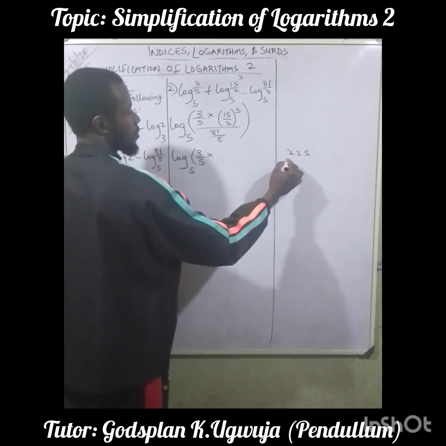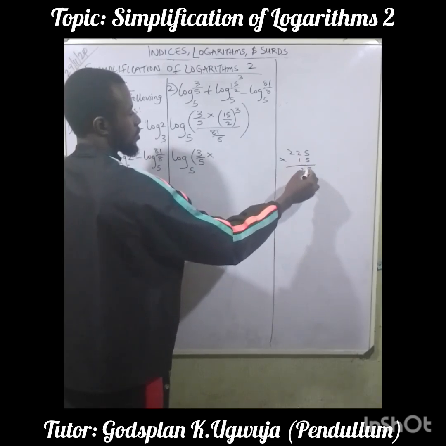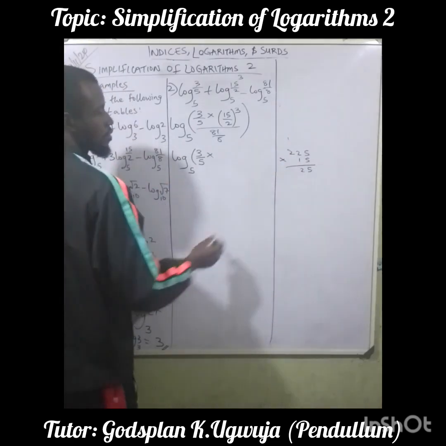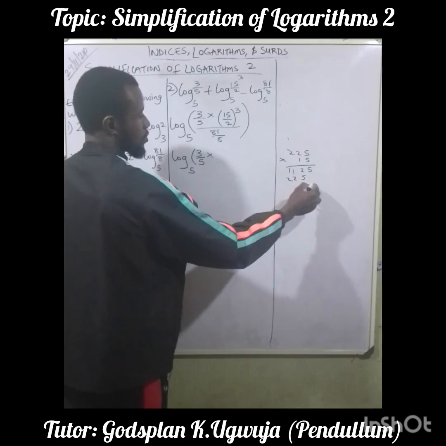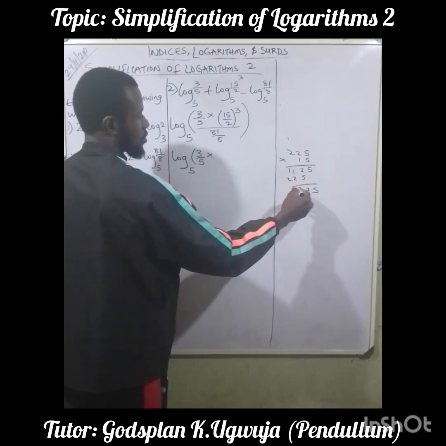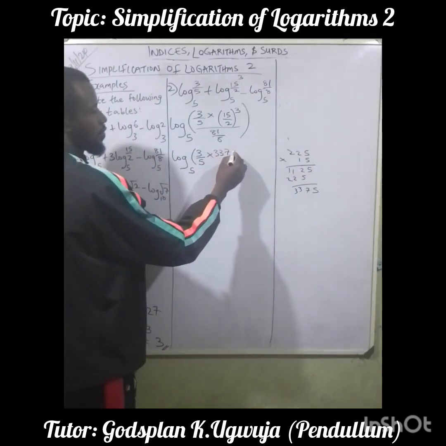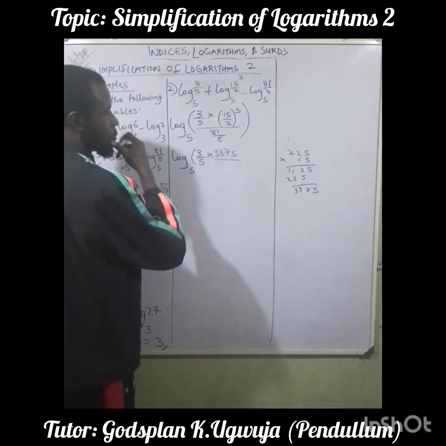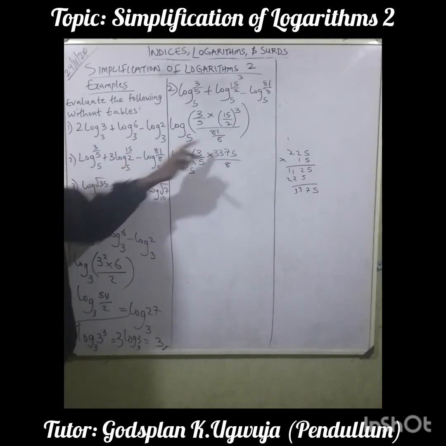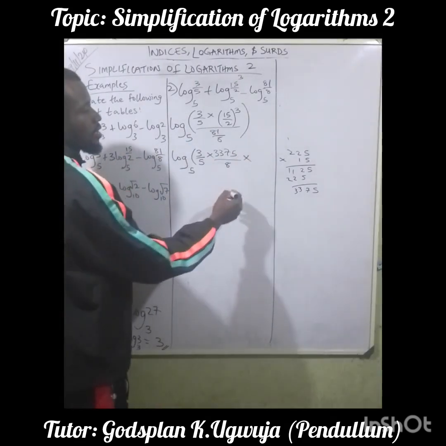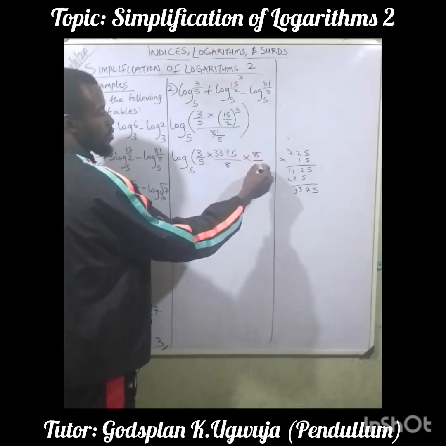So 225 times 15 will give you 3375. 2 cube is 8. Then this division, because there's a fraction under it, we can change it to times, and then we'll invert this one. So that will be 8 over 81.